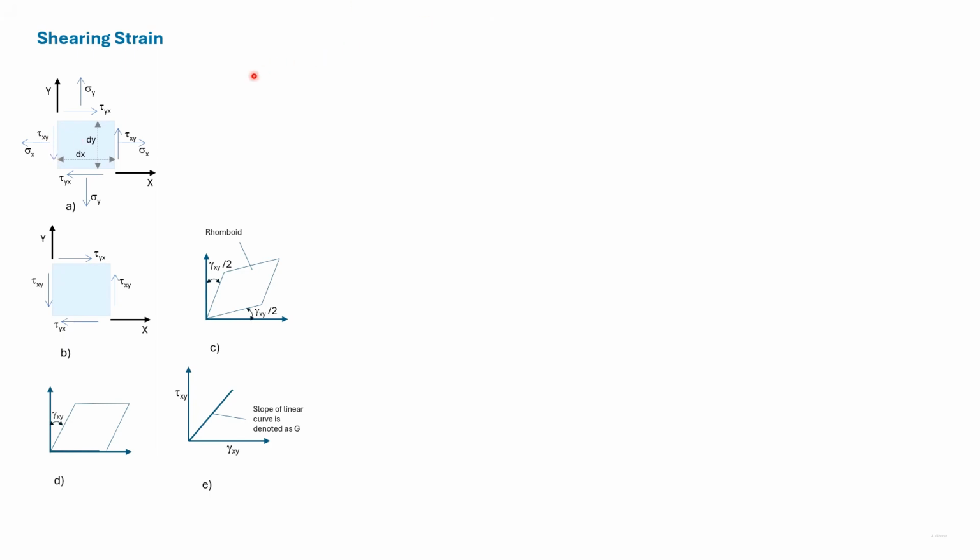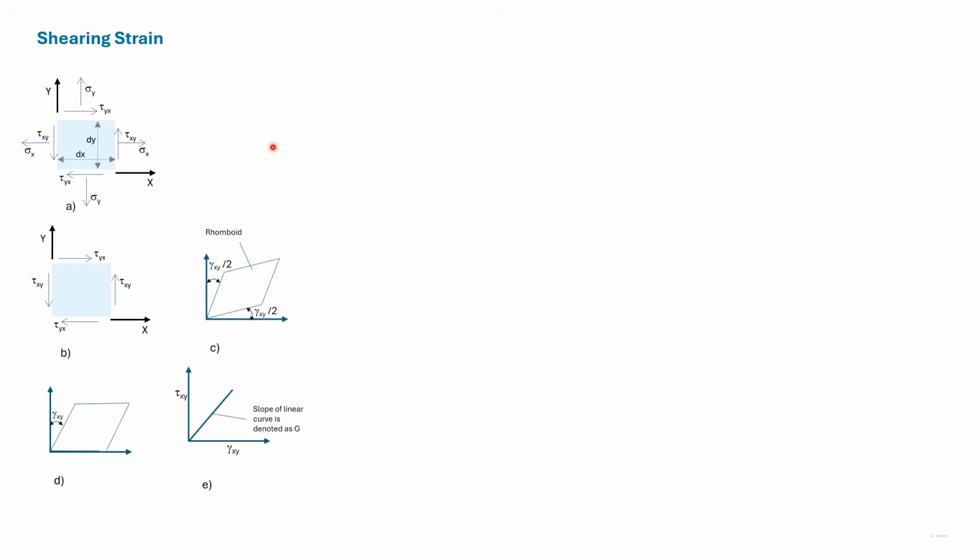Also, the forces associated with these two tau xy create an anticlockwise couple. Since the element is in equilibrium, the forces associated with tau yx would create an equal and opposite couple. Tau xy acting upwards on the right-hand face is considered positive.